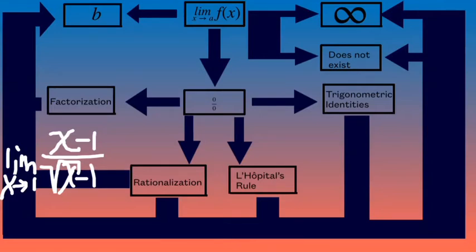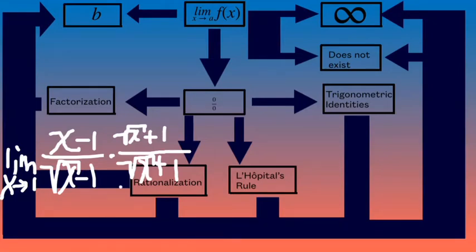So we could use rationalization by multiplying the numerator and the denominator by the conjugate of the denominator. So basically that looks something like this, just to keep it equal.